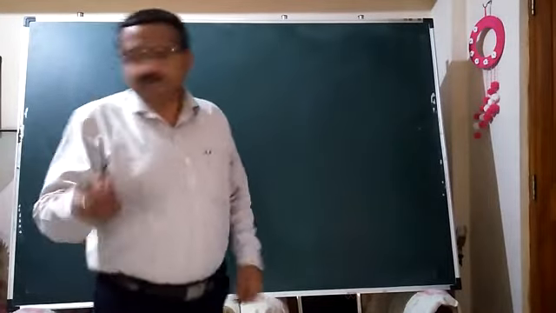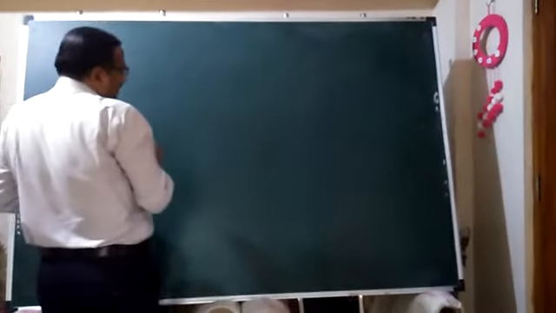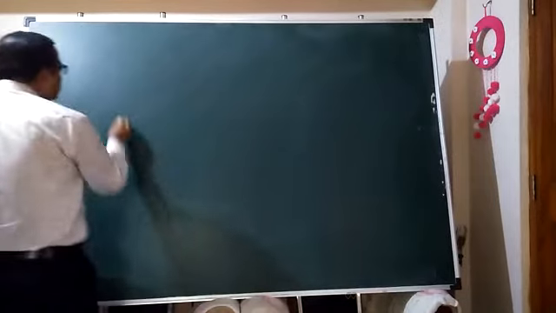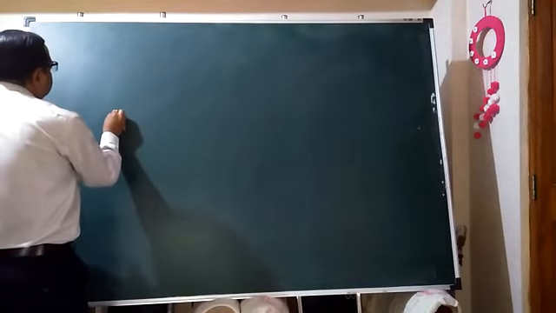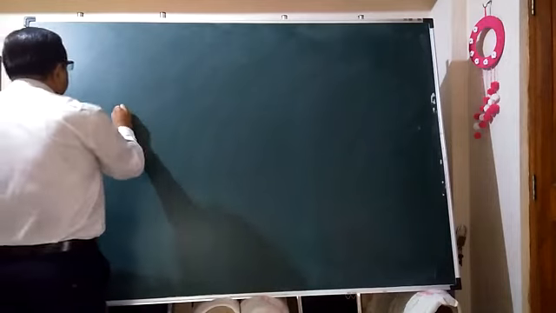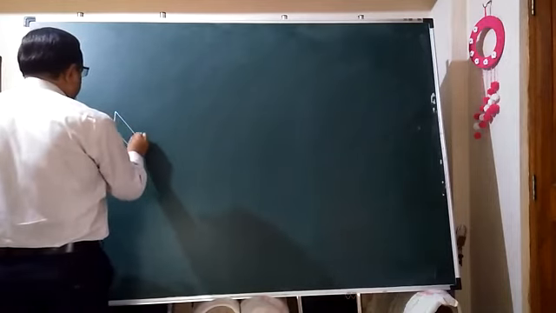So we'll see some more applications of the remaining types of lines. For that I have to create one object. Suppose such a three-dimensional object is there.